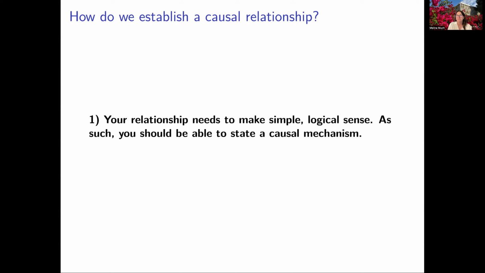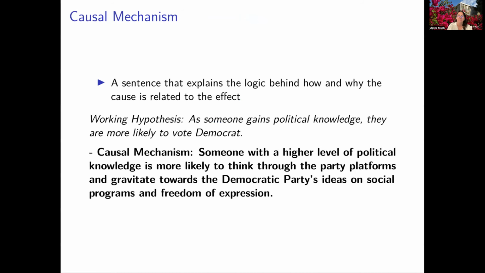So we should be able to state a very clear relationship between x and y and understand the logic behind that. This is your causal mechanism. The causal mechanism, in a bit more detail, is a sentence that explains the logic behind how and why the cause is related to the effect.